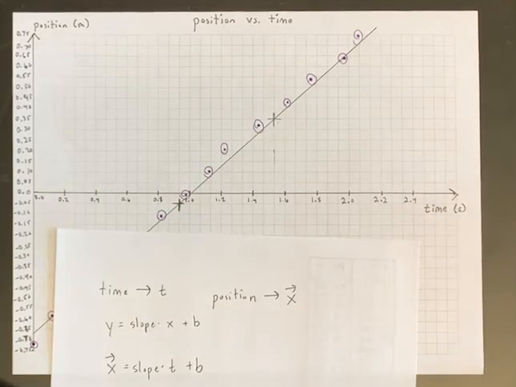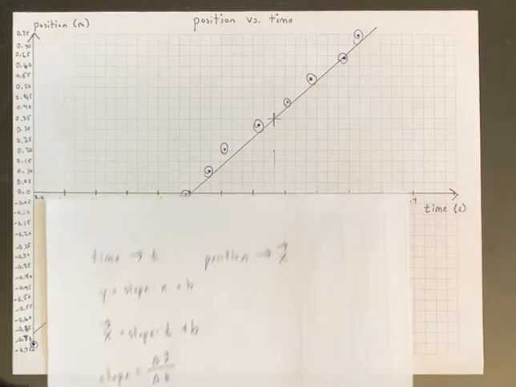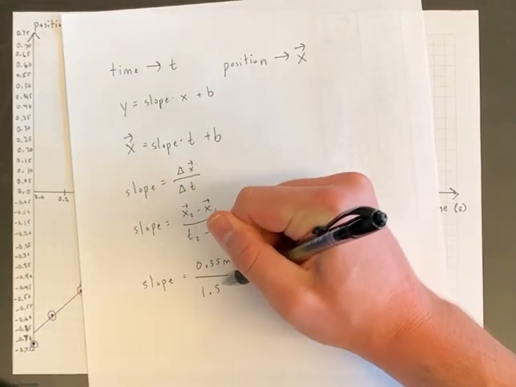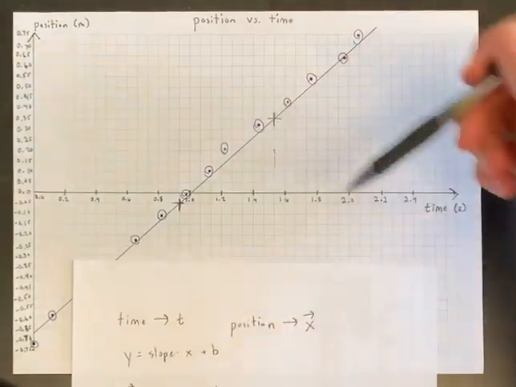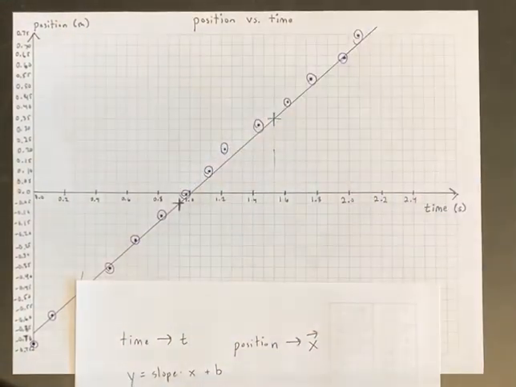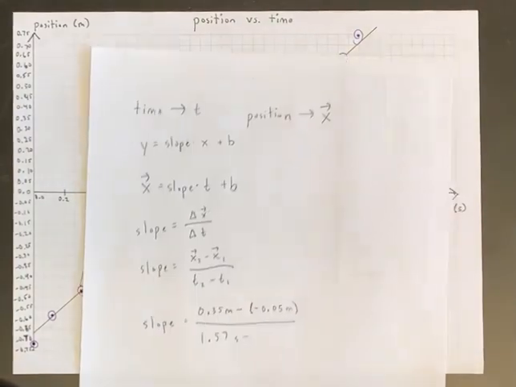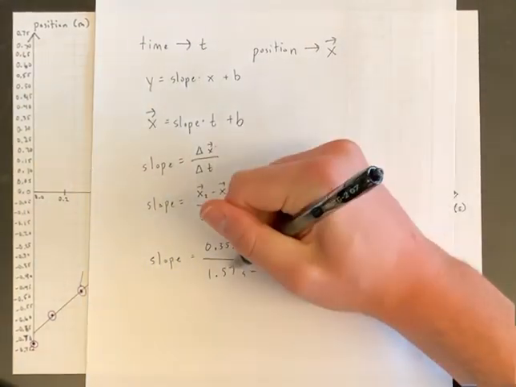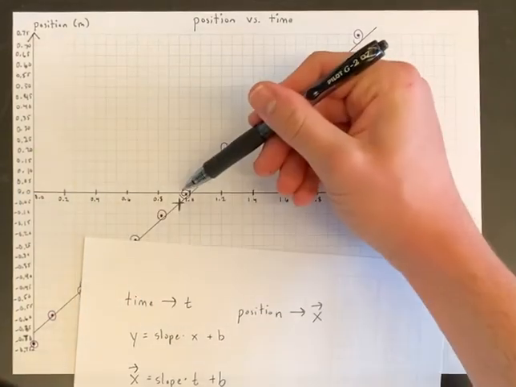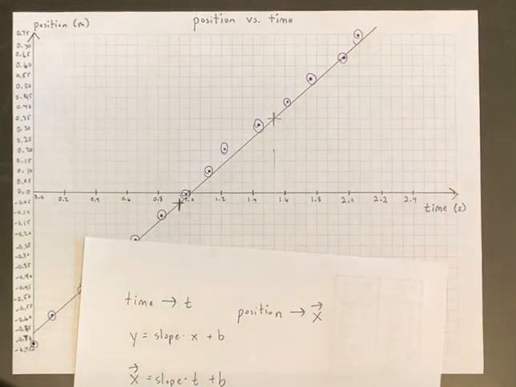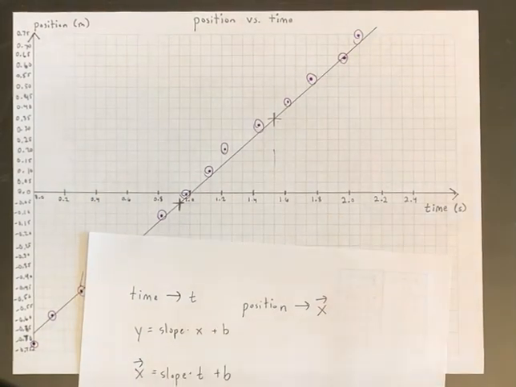This should be 1.57 seconds minus, I chose a confusing scale. That's my bad. That should be 0.53 seconds here. And this one should be 0.8. Plus, that should be 0.93 seconds there.